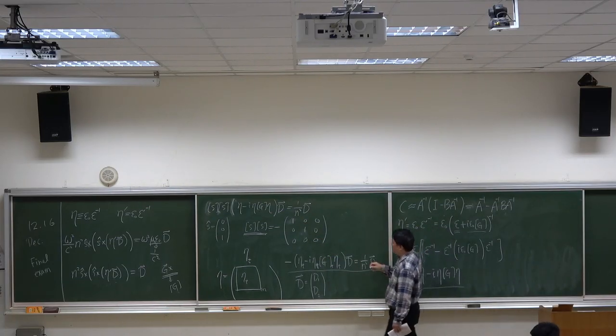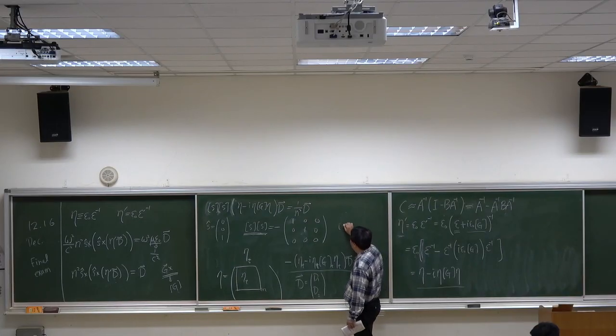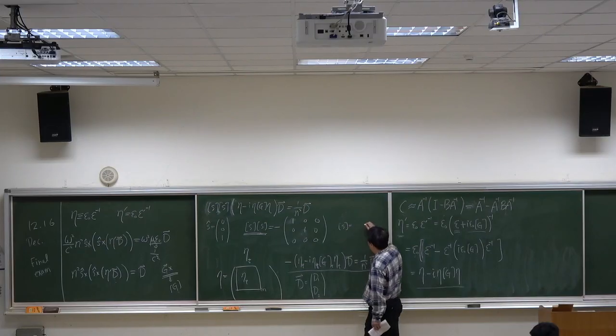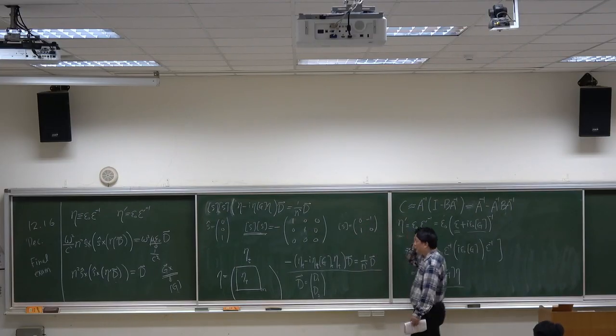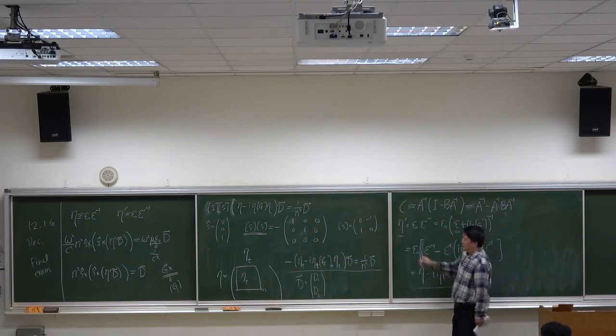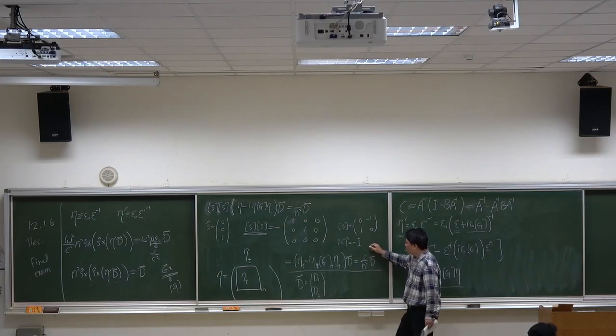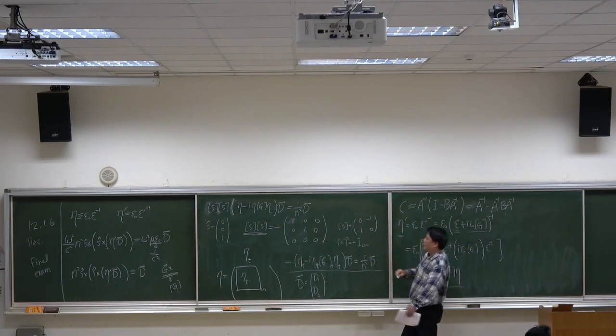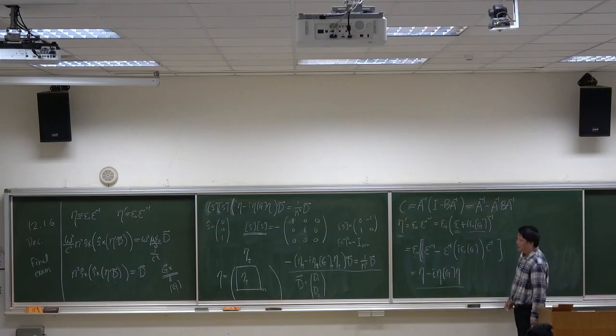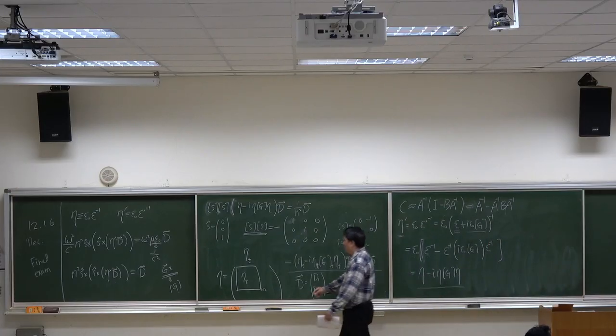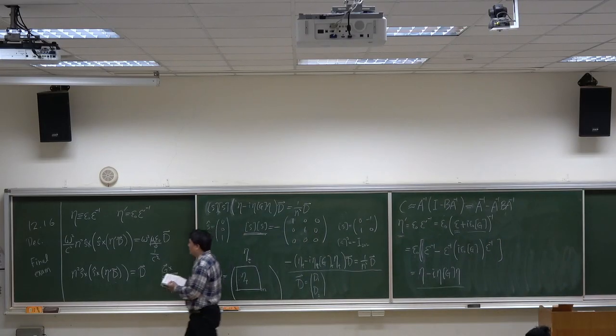So you can replace S by a 2 by 2 matrix, and you can check that the square of this is minus the 2 by 2 unit matrix.